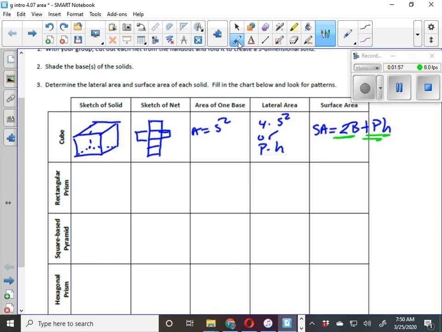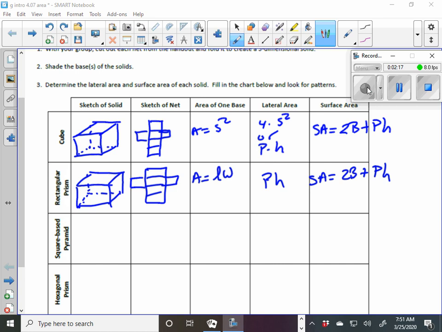All right, rectangular, this is going to be the same thing, only you draw it as a rectangle. And that takes some practice, not pretty, but it works. So for a rectangular prism, notice things are similar.